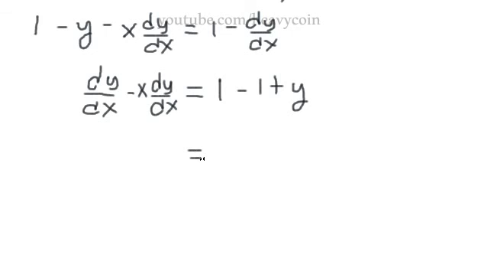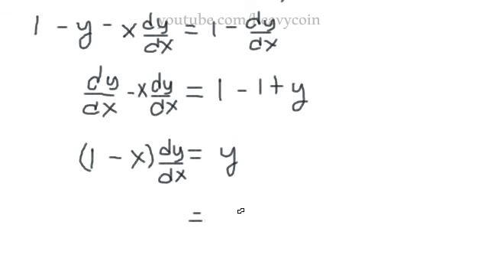Alright, and of course I'm going to simplify this down. This is just going to be left with y over here, and I'm going to go ahead and factor this dy over dx out. So this is going to become a 1 minus x and dy over dx, right, pulling it out there. And now I'm going to take this 1 minus x diagonally down.